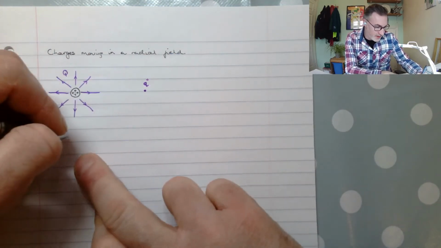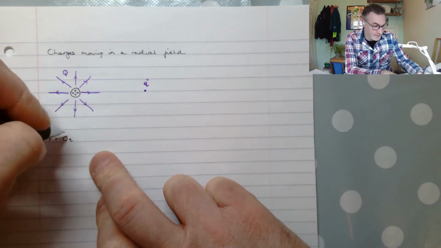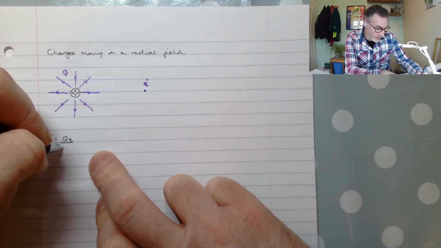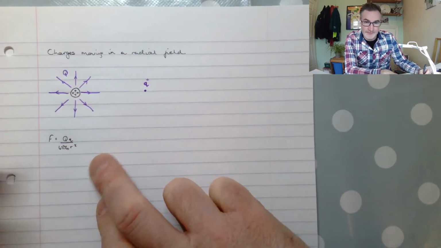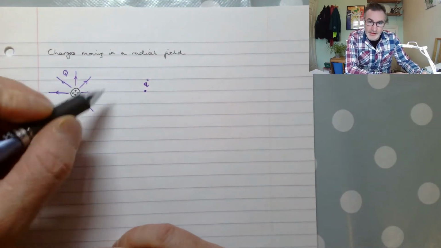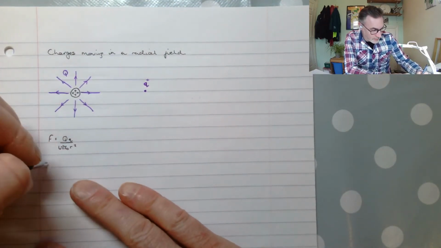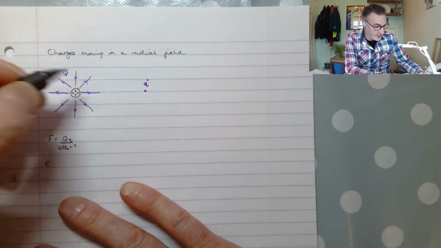And so the force of that, the Coulomb force, would be Qq over 4 pi epsilon naught r squared. If we ignore this charge altogether, then because this has charge, there would be an electric field around it.